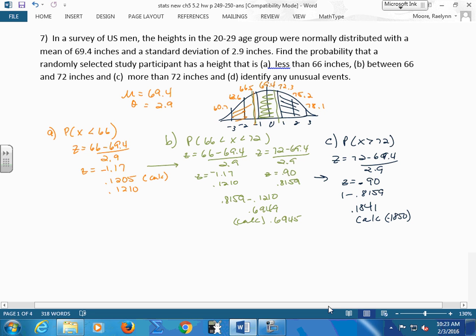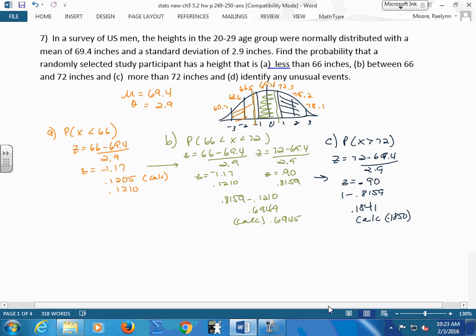My 72, real close to that. Isn't that between plus and minus 1, approximately? So shouldn't I expect 68% around there? And when I do this, look what I get, 69%. So am I in the ballpark? Yeah. If you guesstimate your answers, it's really going to help you when you look them up.